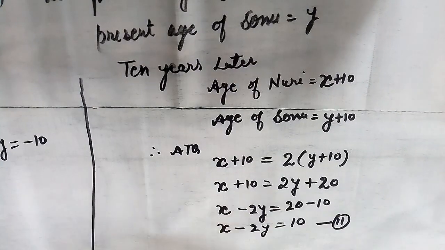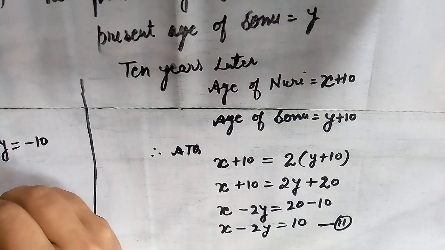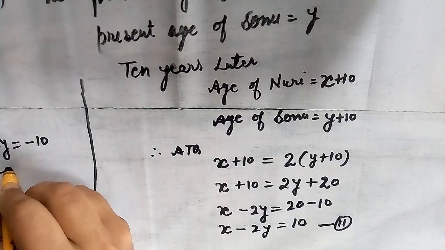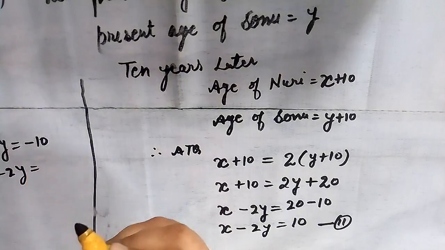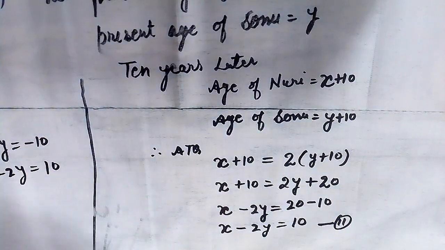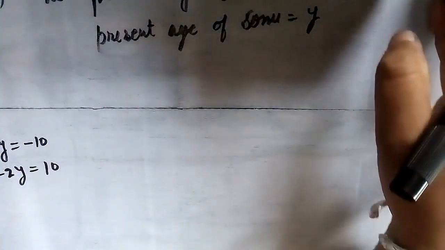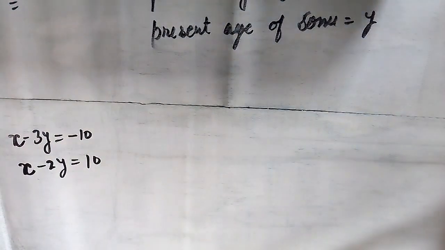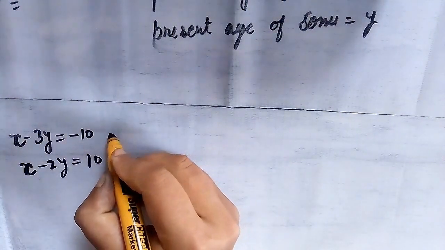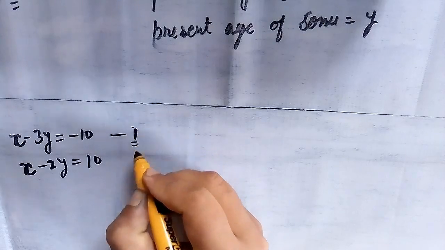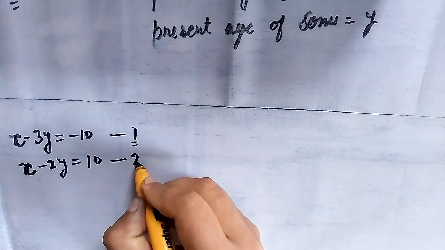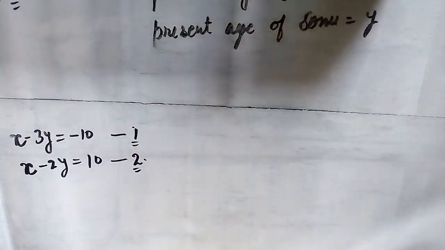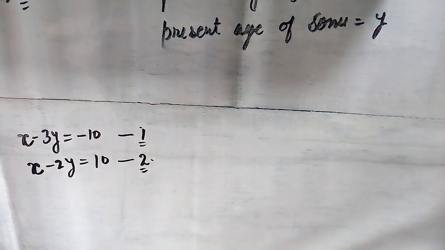So this is your second equation. Now let us solve them using the elimination method. So our first equation is x minus 3y equals minus 10, name it equation 1, and second is x minus 2y equals 10, name it equation 2.